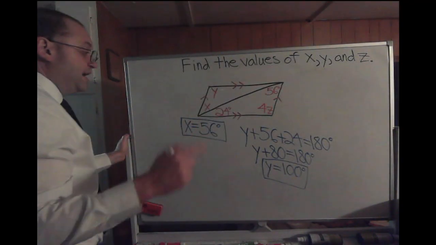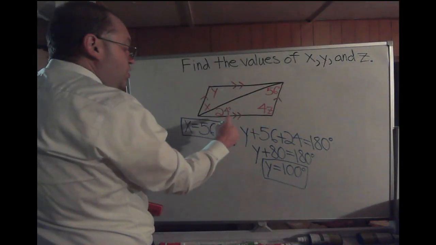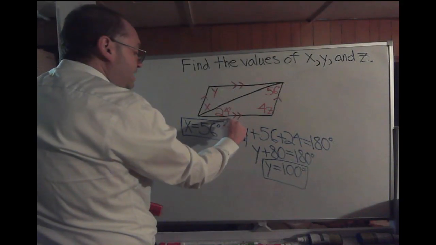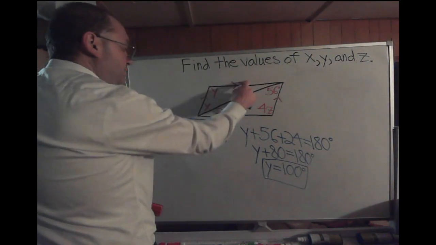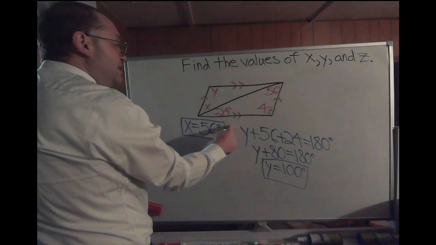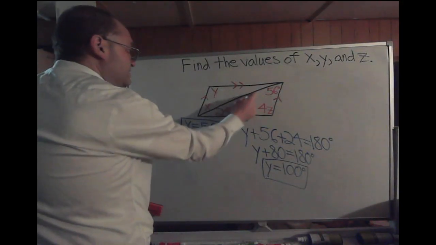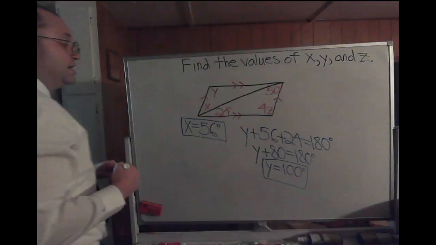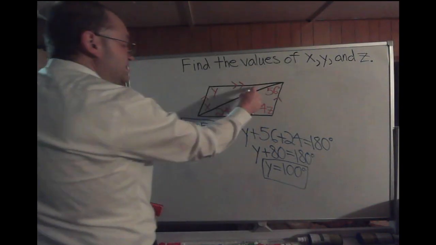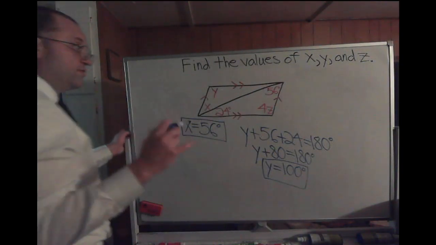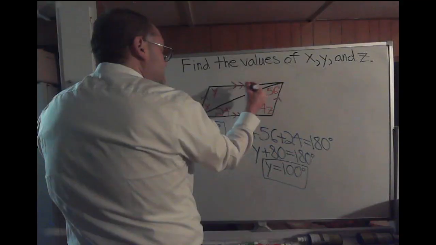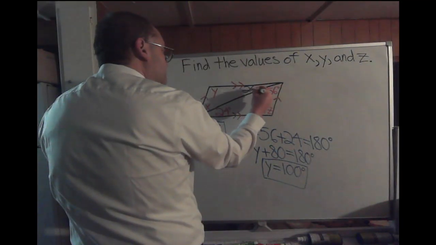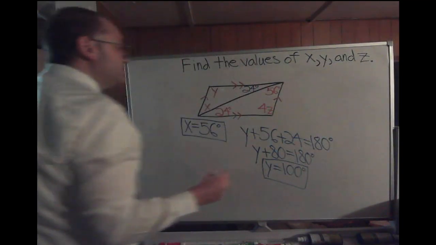But this goes back to here, we have the top and bottom lines parallel. This time, this diagonal is your transversal. And then 24 and this missing angle would end up therefore being alternate interior angles. So the missing angle is actually 24 degrees.